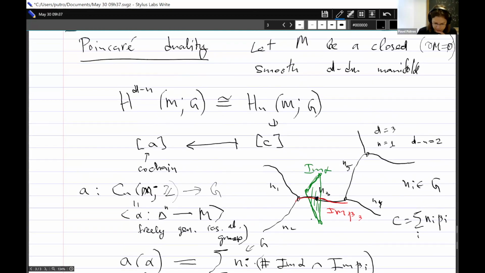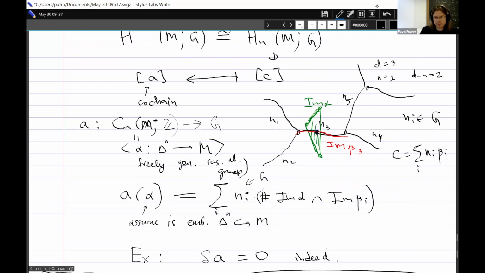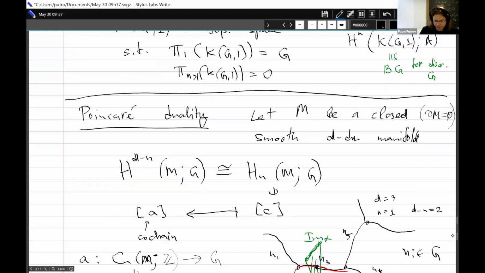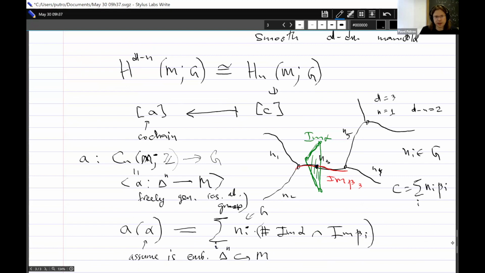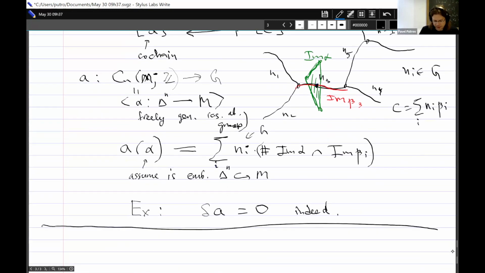Let me say yes, but in principle, for Poincare duality you only need it to be closed. There are also versions when it's not closed, but the relation is modified.